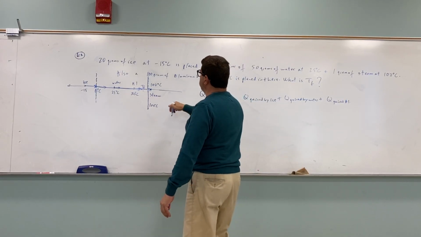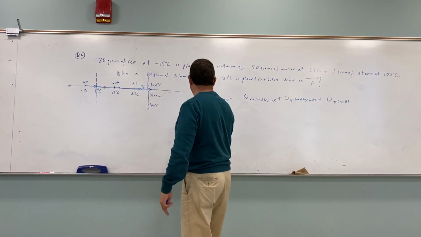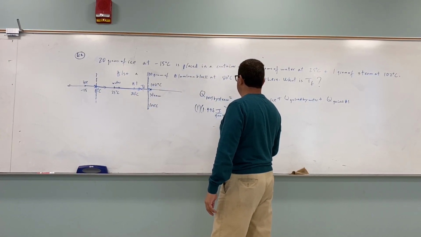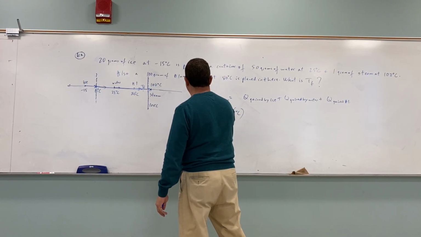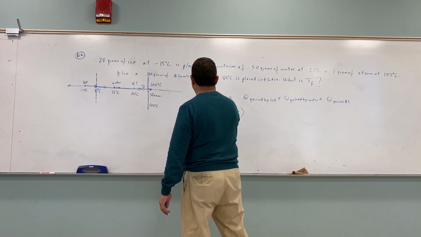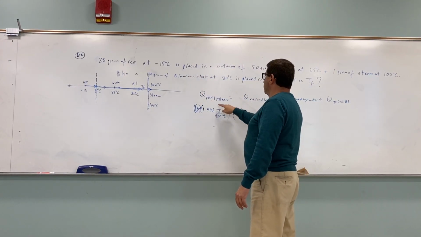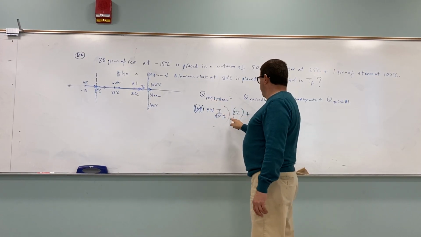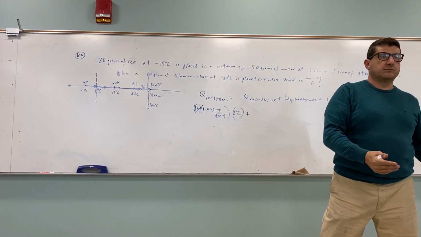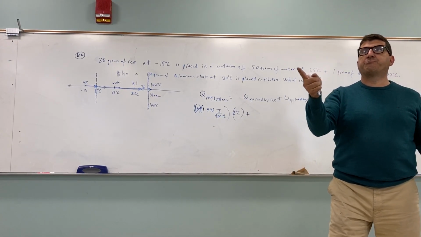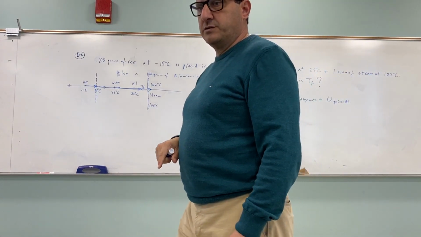We first have to bring the steam from 102 to 100, so you lose 2 Celsius. In terms of units, this is 1 gram of steam, so the gram and the gram cancel. But then after we went down to 100, what do we have to do? Condense all that steam. So what's the heat of vaporization of steam? 539, I wrote it a minute ago.